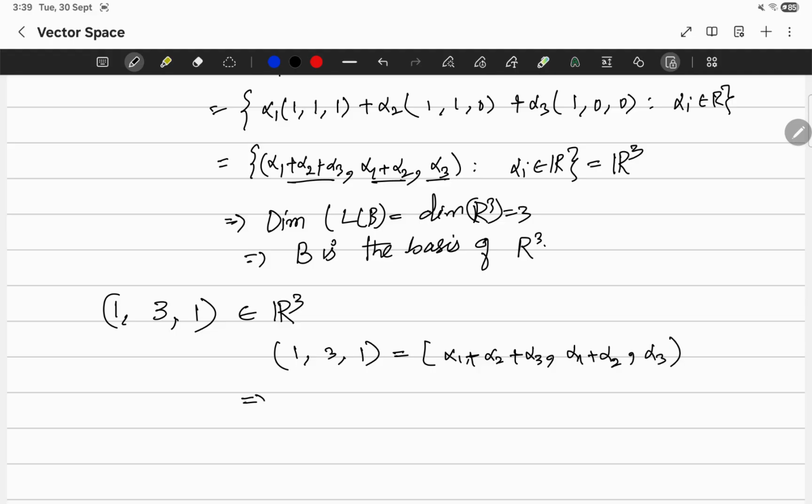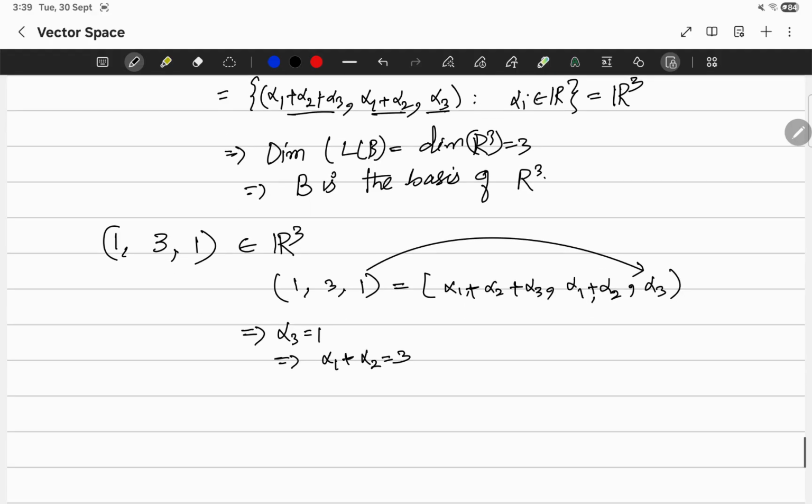So it means that your alpha 3 is equal to 1. It means that alpha 1 plus alpha 2 is equal to 3. Also here, alpha 1 plus alpha 2 plus alpha 3 is equal to 1.